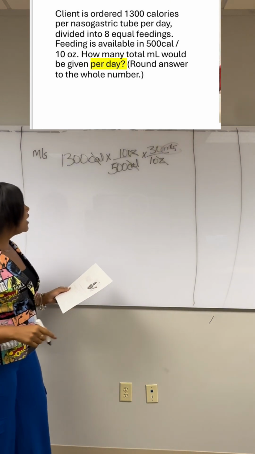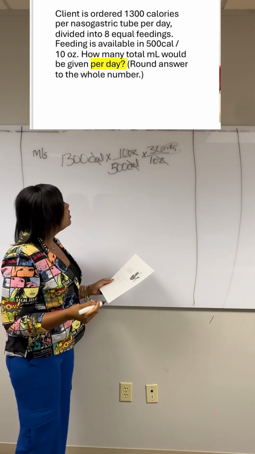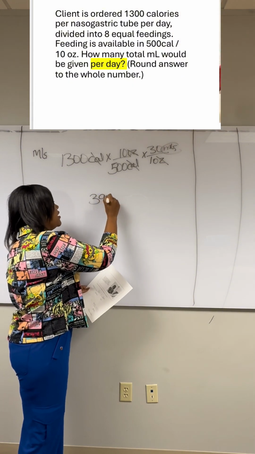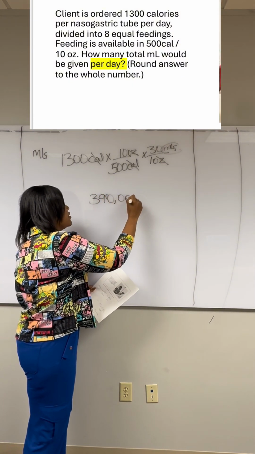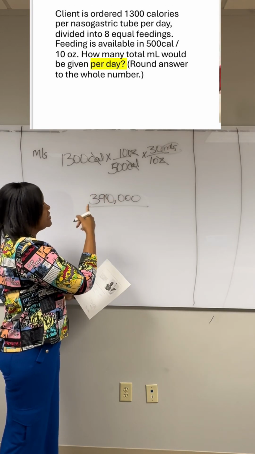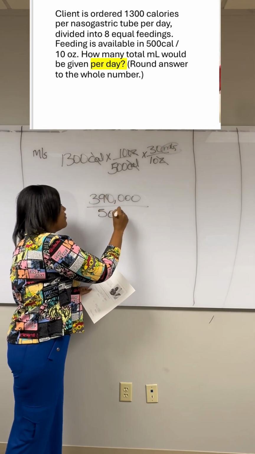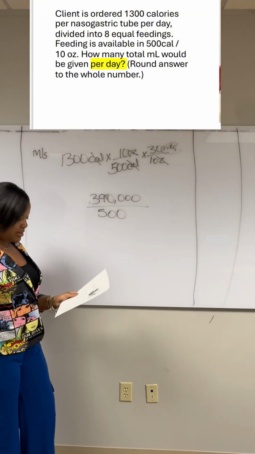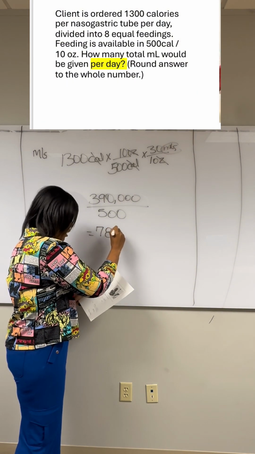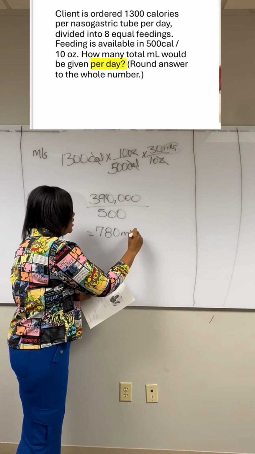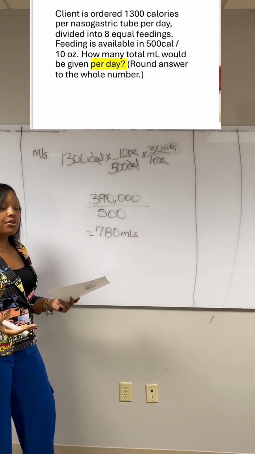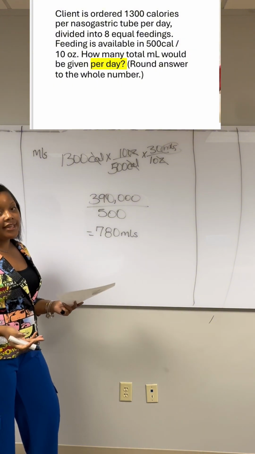So we multiply 1,300 times 10 times 30, and we get 390,000. Then multiply the bottom, 1 times 500, 500. Then we divide, and we should get 780 mLs. And this is what the patient will receive, the total mLs per day.